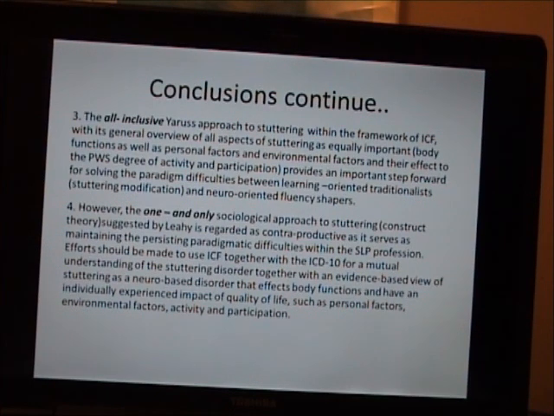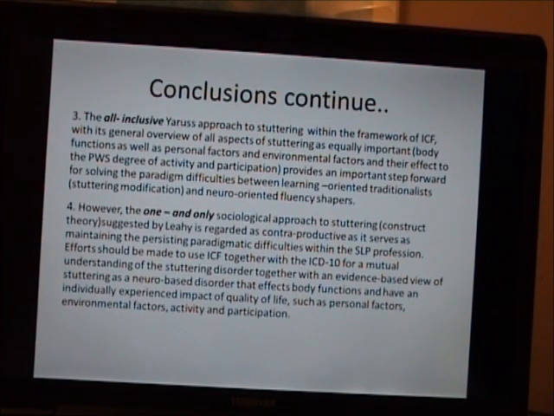And fourth, however, the one and only sociological approach to stuttering, the construct theory suggested by Leahy, is regarded as counterproductive as it serves as maintaining the persisting paradigmatic difficulties within the speech-language pathology profession.